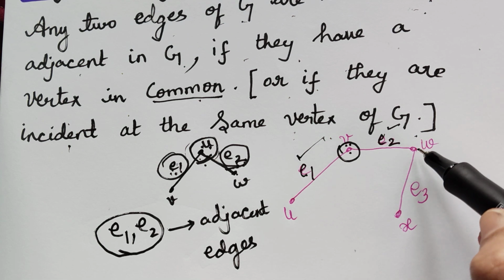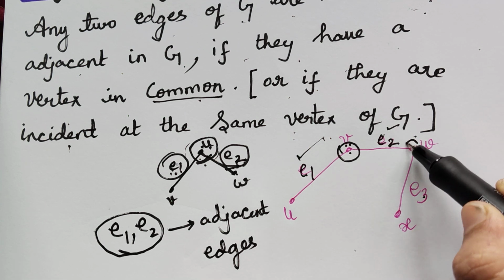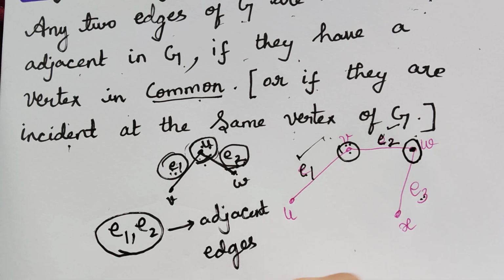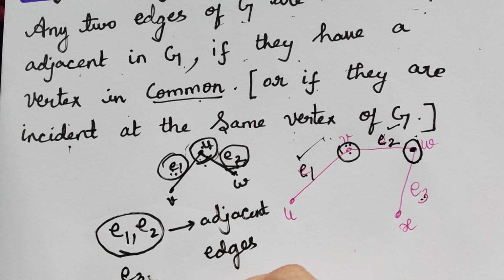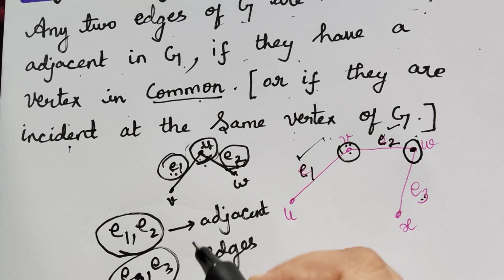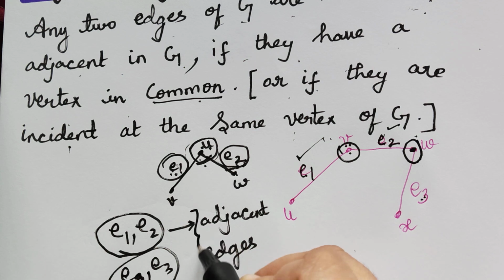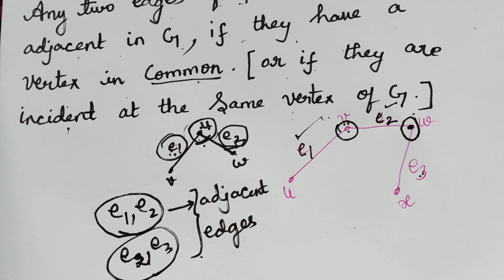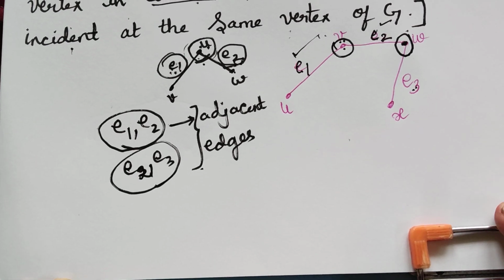Yes, of course, because E2 and E3 share a common vertex here. So there is a common vertex. So E2 and E3 are also adjacent edges. So even they are adjacent edges. Are there any other adjacent edges in this graph?